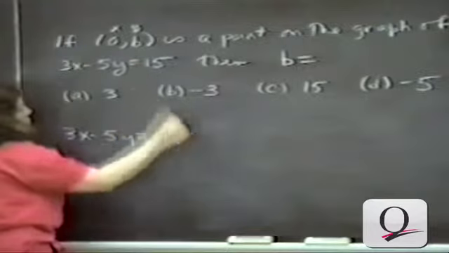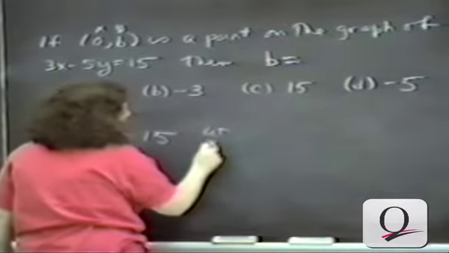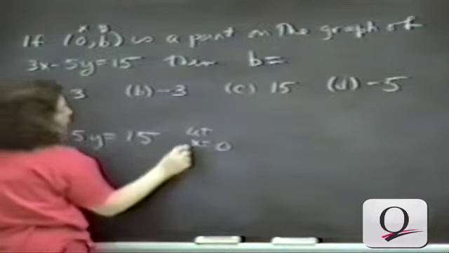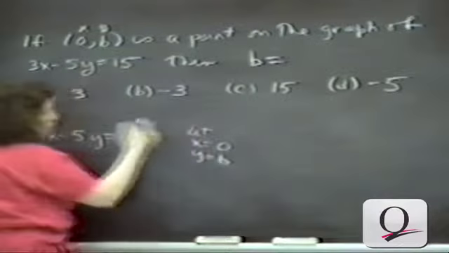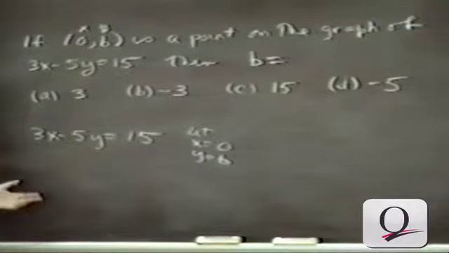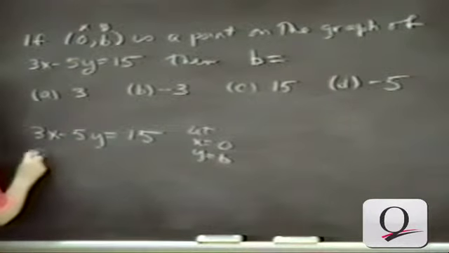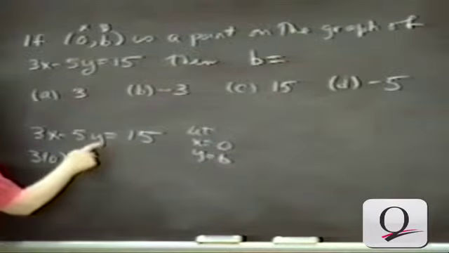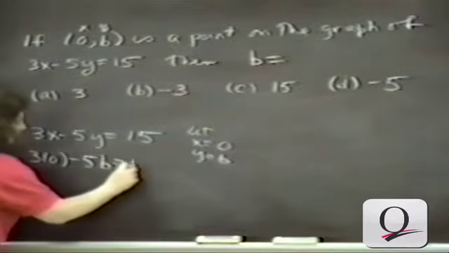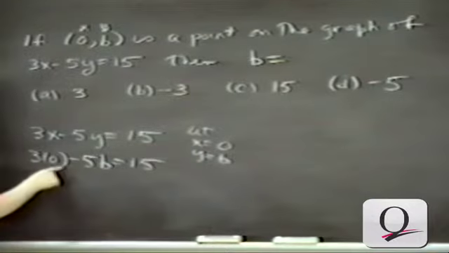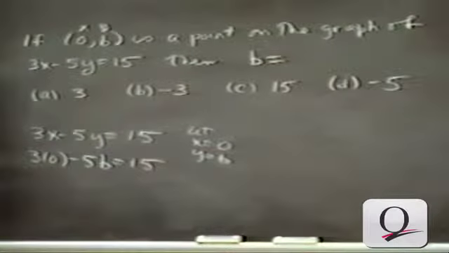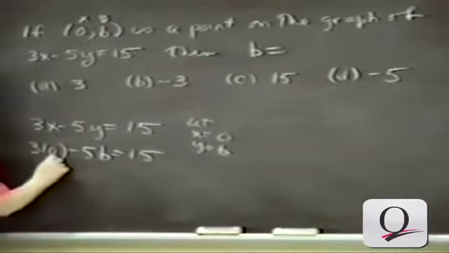So 3x minus 5y equals 15. We're going to substitute in. We're going to let x equal 0 and y equal b. And this has to come out to be a true statement, we'll get an equation to solve in terms of b. So if x is 0, 3 times 0 minus 5, and y is b. 3 times 0 minus 5 times b equals 15. 3 times 0 is 0.